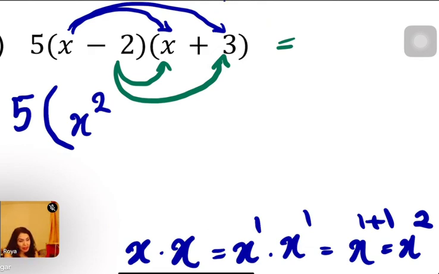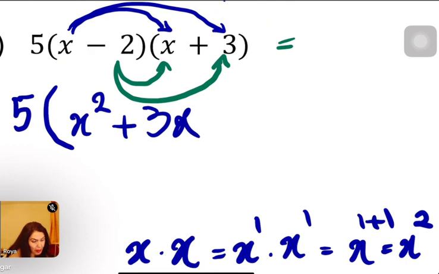And here, x times 3 means 3x. And negative 2 times x is negative 2x. And negative 2 times 3 is negative 6.